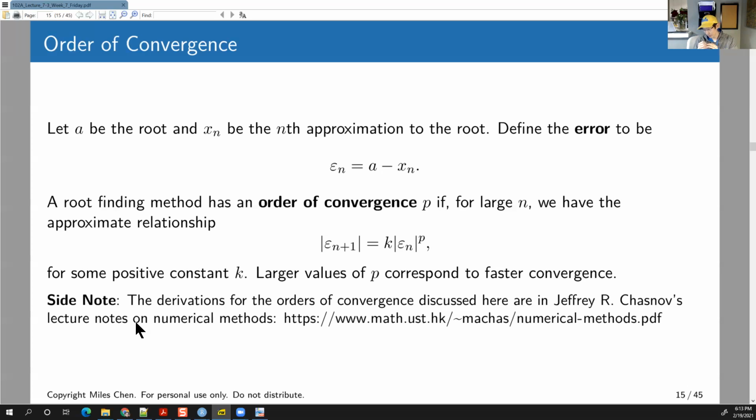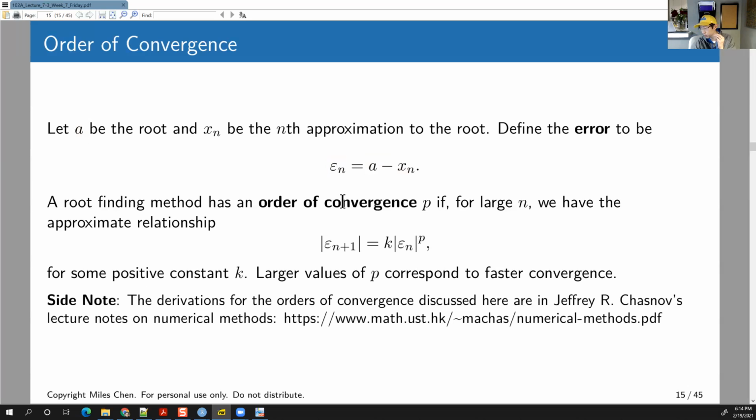So at the nth approximation, basically at the nth iteration, the error between your approximation and the actual root A is going to be epsilon sub n. A minus the approximation at time n is epsilon sub n.